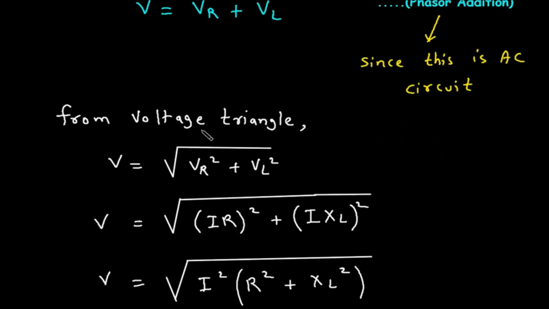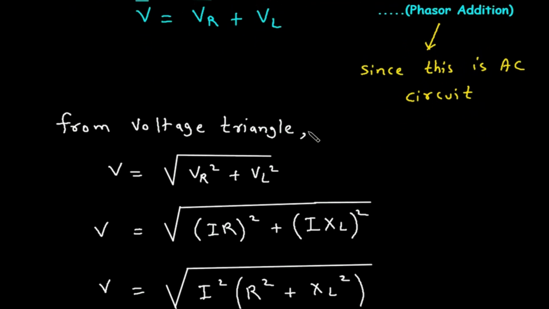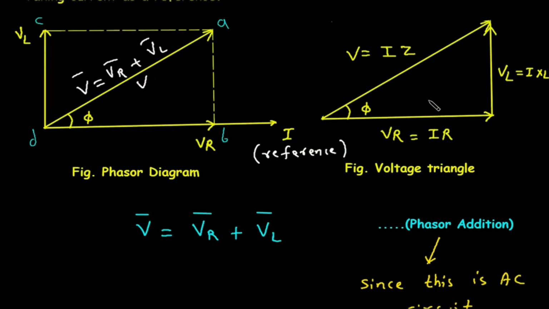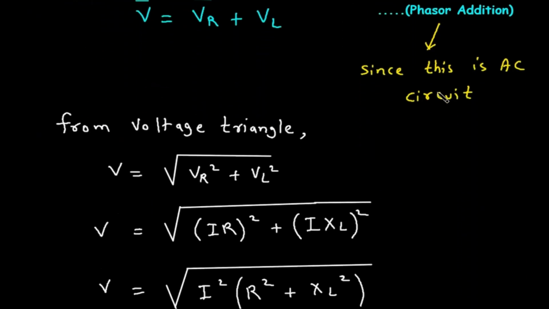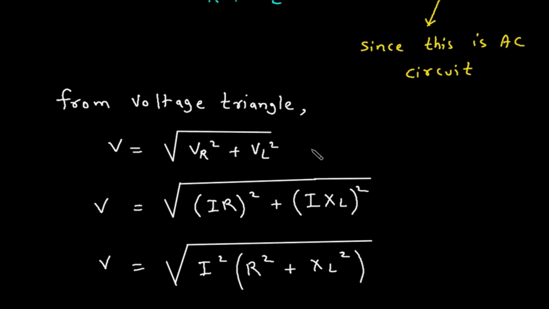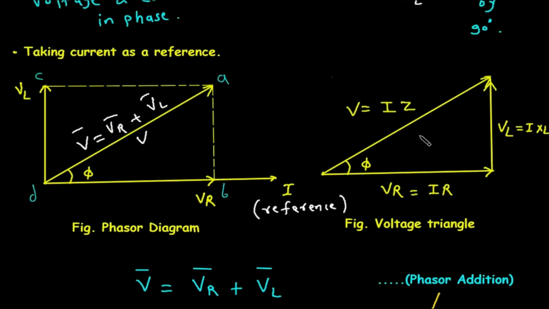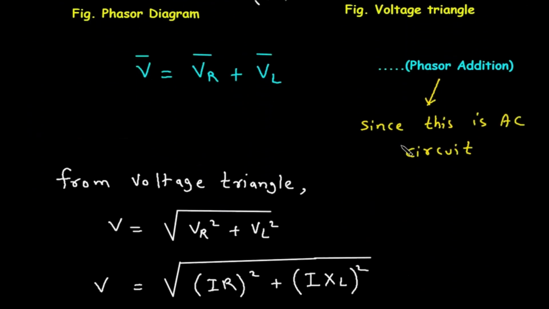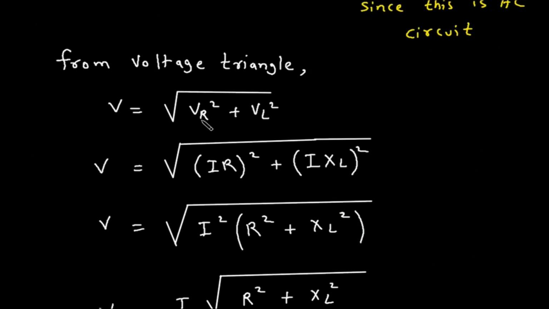Now from this voltage triangle, if we apply Pythagoras theorem, then V square is equal to VR square plus VL square. This V is the hypotenuse. So V square is equal to VL square plus VR square. So from this V is equal to under root of VR square plus VL square.